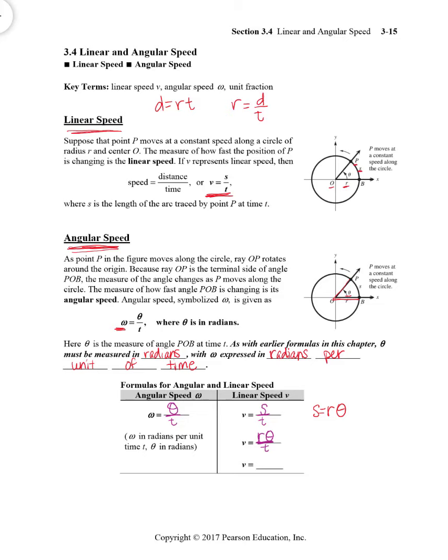And then we know that omega is equal to theta over t, so do you see how we could replace the theta over t with omega? So v is equal to r times omega. Or in words, the linear speed is equal to the radius times the angular speed. I'm going to use these formulas in the next few examples.